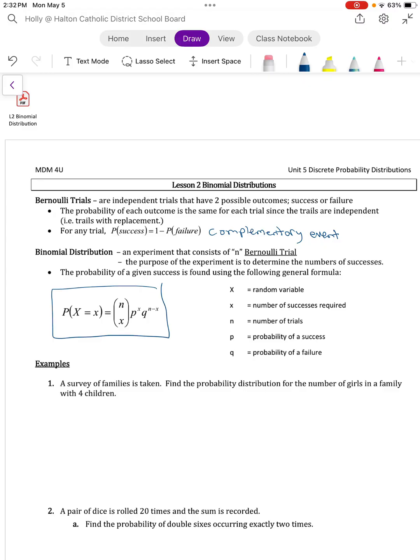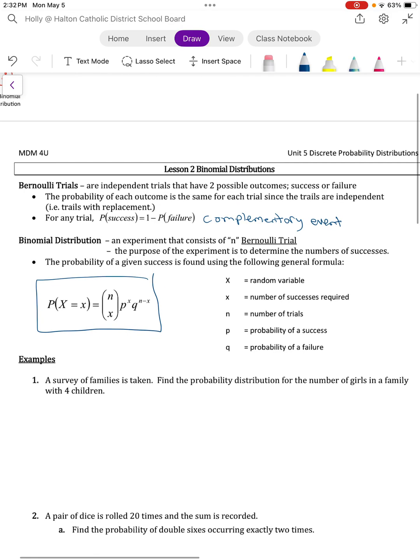So here we have a survey of families. Find the probability distribution for the number of girls in a family with 4 children. I guess the number of successes required, we would want to have 4 girls.